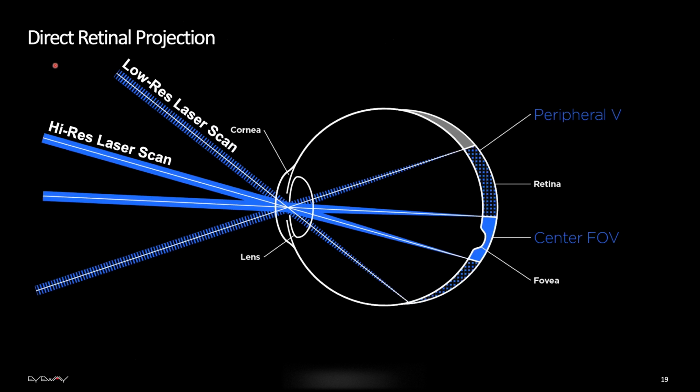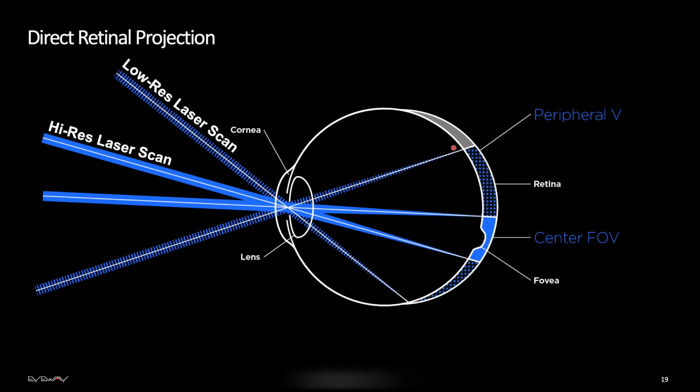The system itself illuminates the laser scan. This is the retina of the eye. This is the pivot point. You can imagine that the beam is scanning and pivoting around this point. So it moves back and forth all the time, and it covers an area.